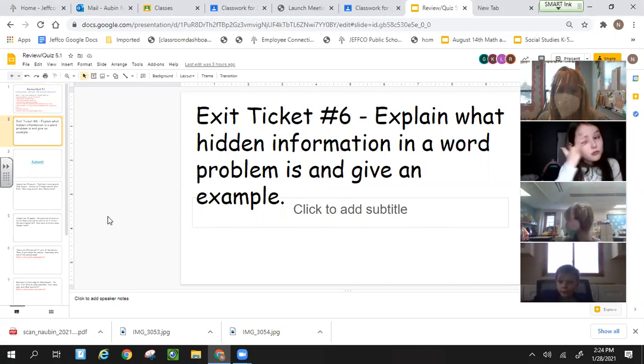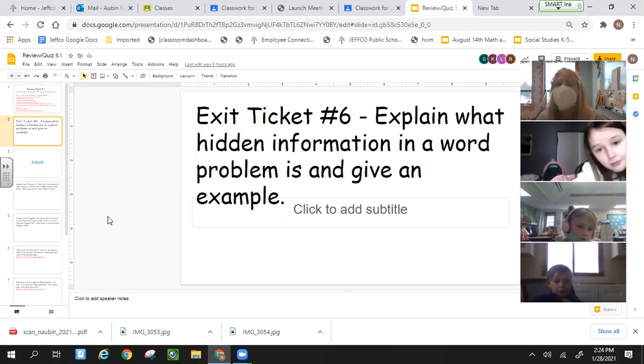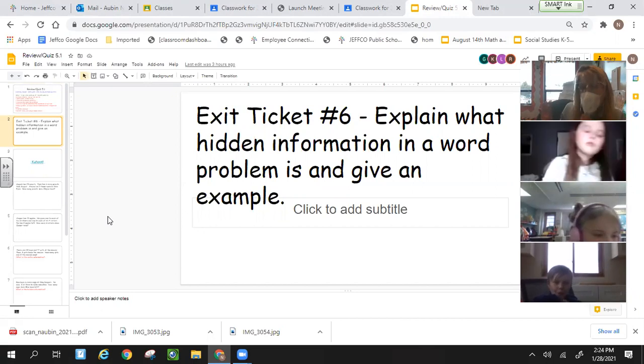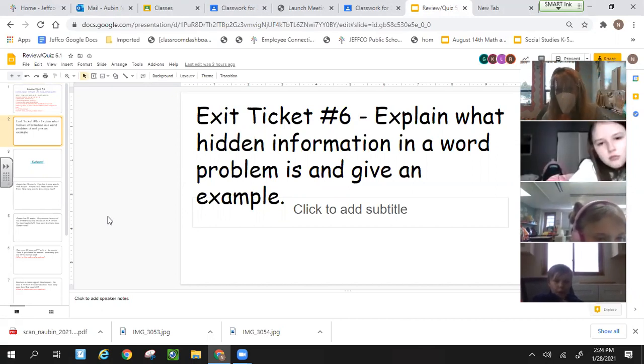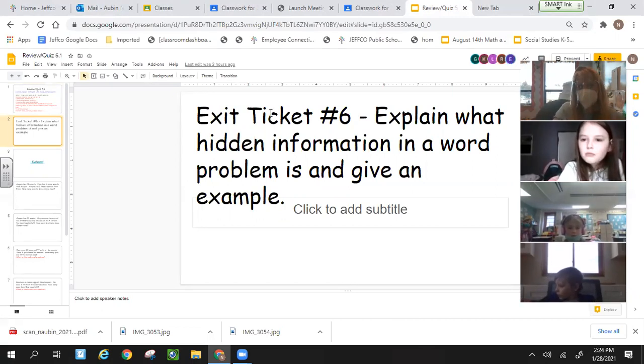The directions say explain what hidden information in a word problem is and give an example. You can give more than one example of a hidden word. If you know many and you want to get a 4 on this, give me all the examples you know.